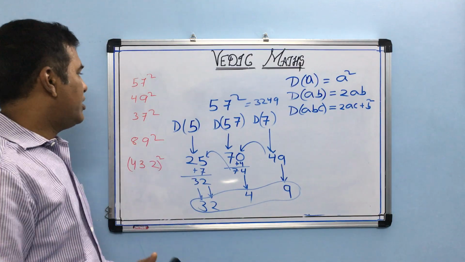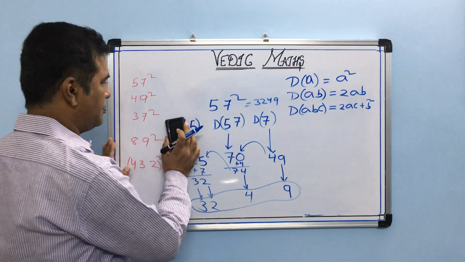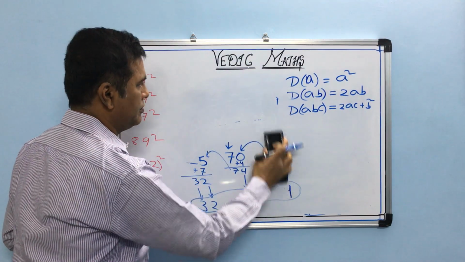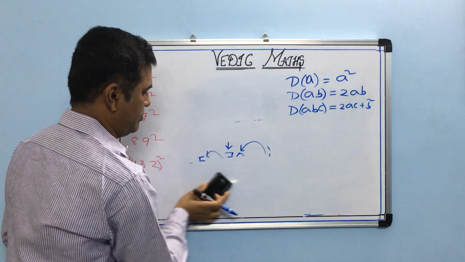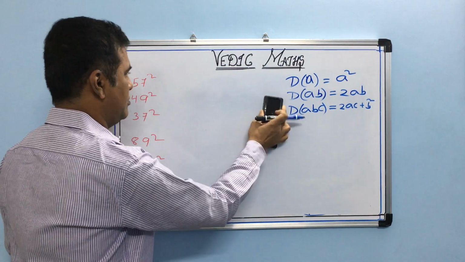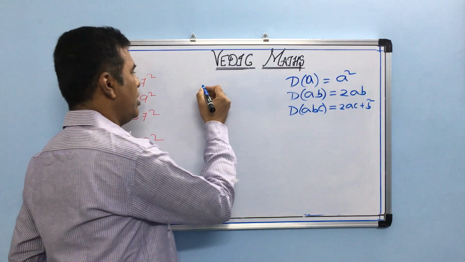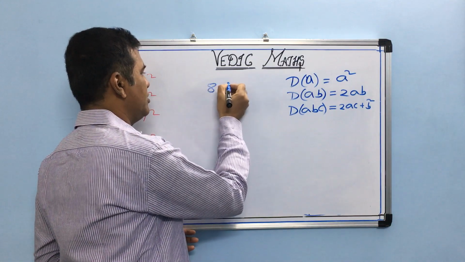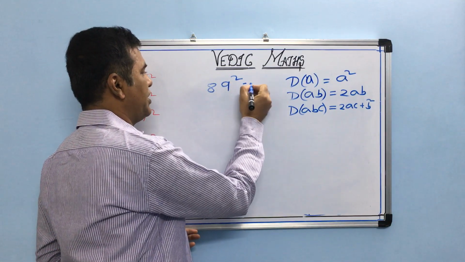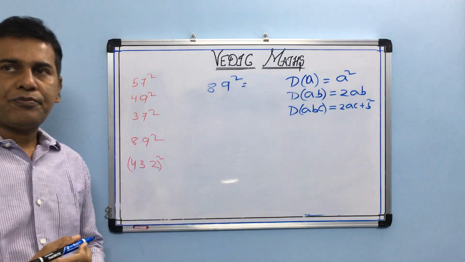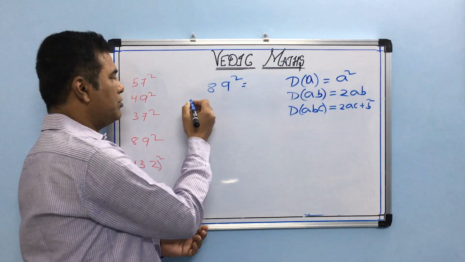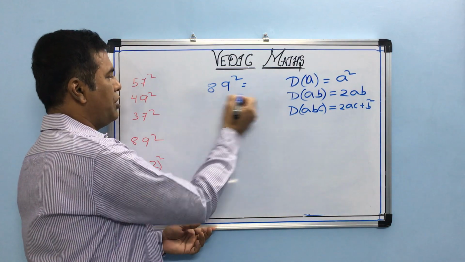Okay, so now I will take another example. Suppose we want to find the square of 89. First we will break it into 3 parts.